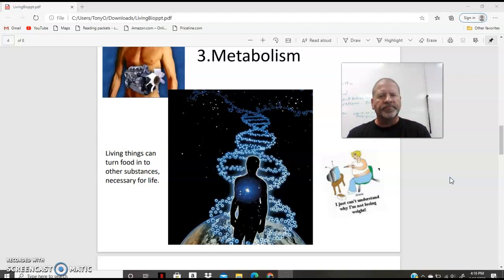So we metabolize what we take in, and we change it, and that's metabolism. We change the food we eat into energy. The medicine that we take, we change it into the chemicals necessary for our body, say to experience pain relief or something like that.